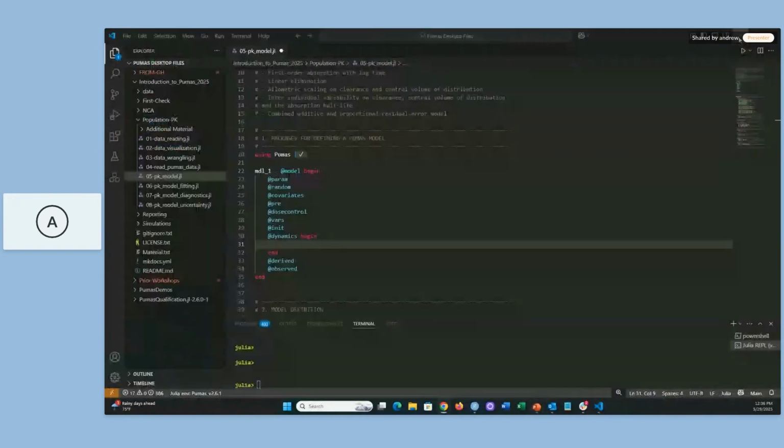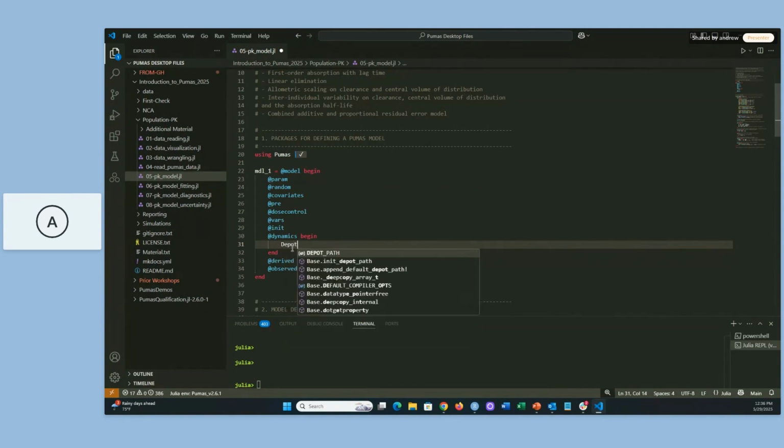So if we define that in dynamics, there are a couple ways that we can actually perform this. We could write that out ourselves, and you saw the notation that I was using. If we use this, we can define the name of our individual compartment, and it's important.